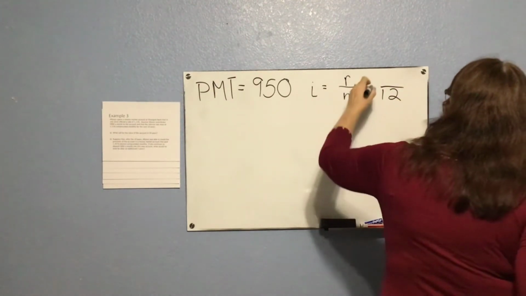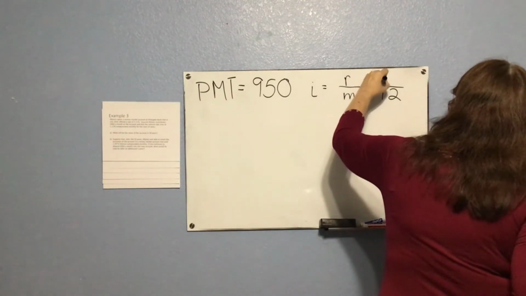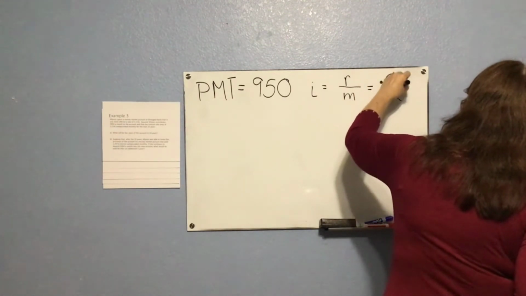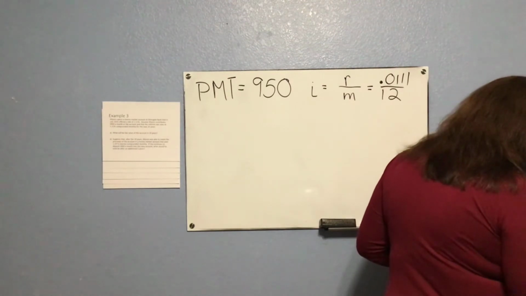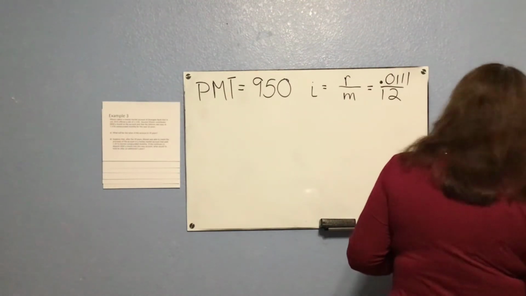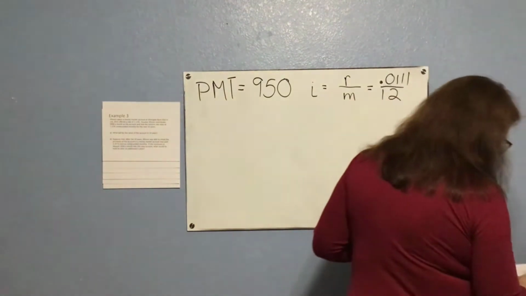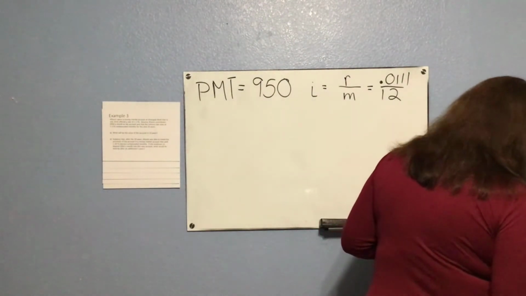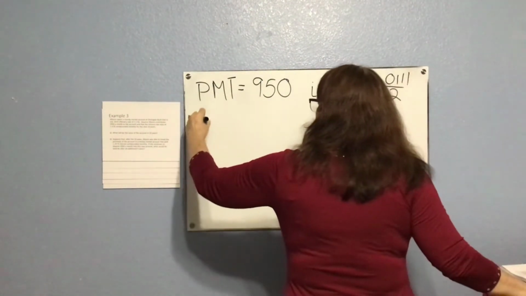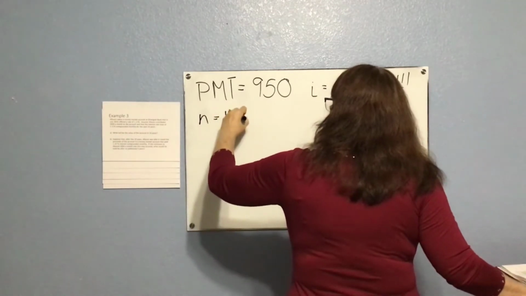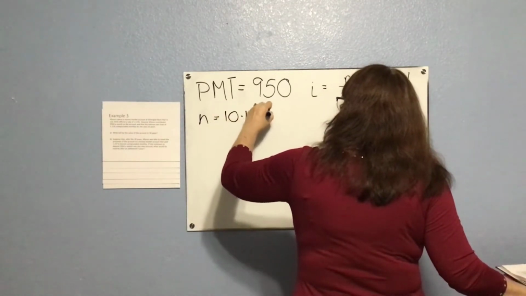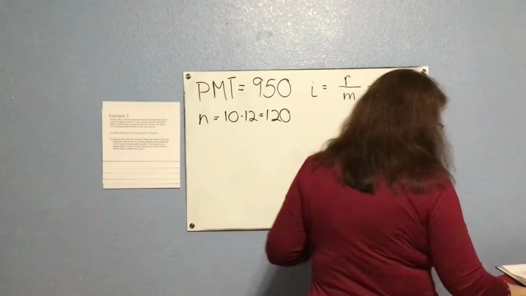And the interest rate was 0.0111. And the number of months in 10 years, so our n is 10 times 12, or 120.